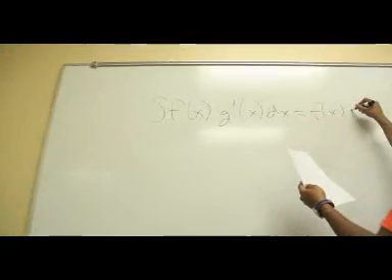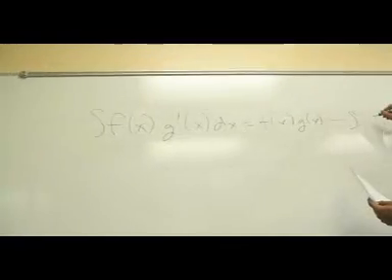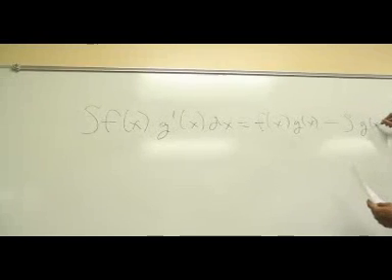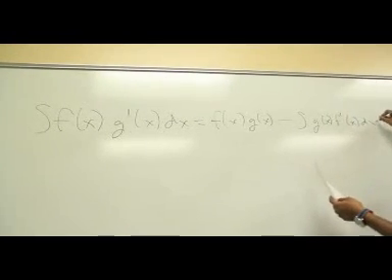The integral of f of x, g prime of x dx equals f of x, g of x minus the integral of g of x, f prime of x dx.